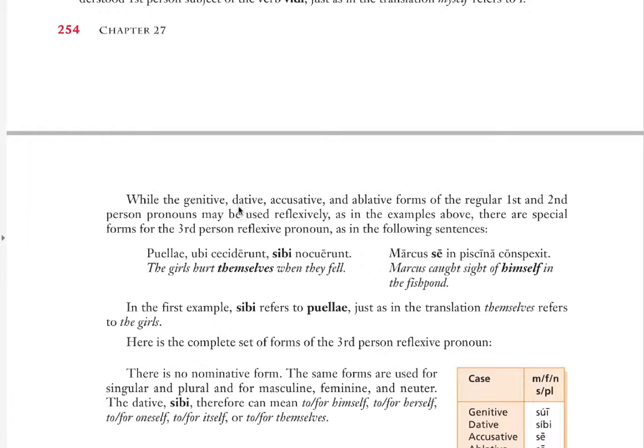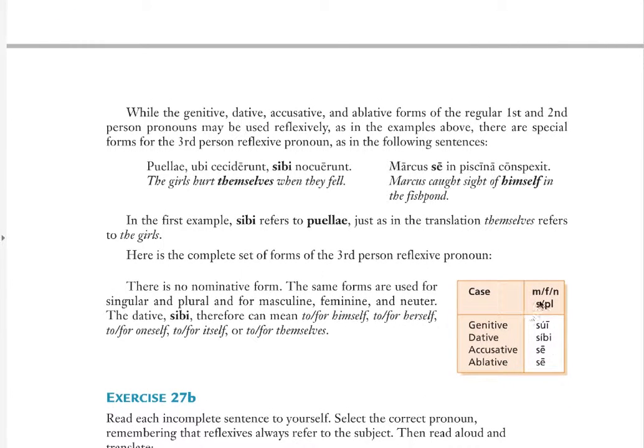And then, while the genitive, dative, accusative, and ablative forms of the regular first and second person pronouns may be used reflexively as in the examples above, there are special forms for the third person reflexive pronoun as in the following. Most of the time what you'll see is either sibi or se, or this se here for ablative. Not so much this sui, but these for sure you will see.